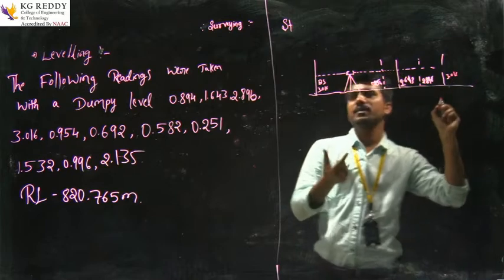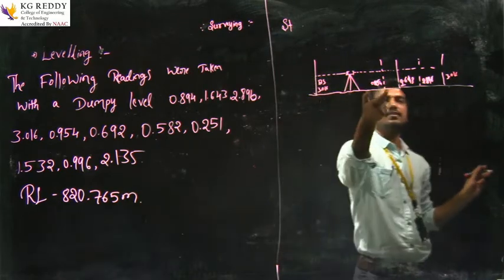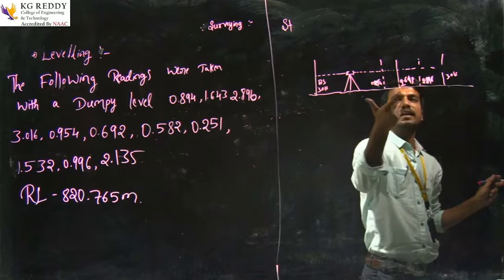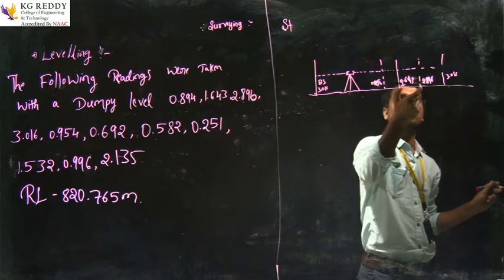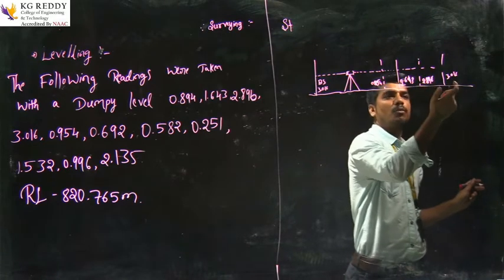Why is it the last reading? The readings are increasing in order: 0.894, 1.6, 2.8 and 3.016.